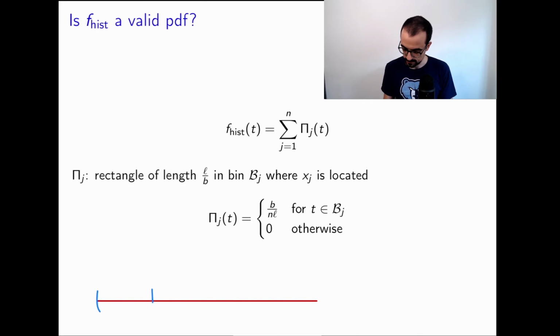We had these 4 bins, which, believe it or not, are the same length. Now I had 2 data points here, 1 data point here, and 1 data point here. The way we constructed this histogram, I'm going to do it in green.